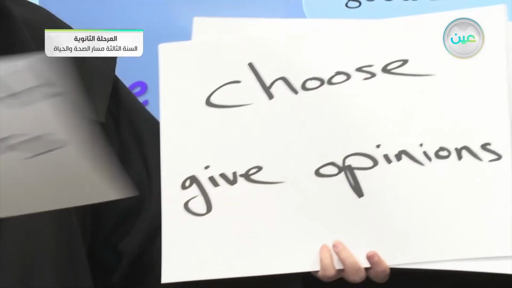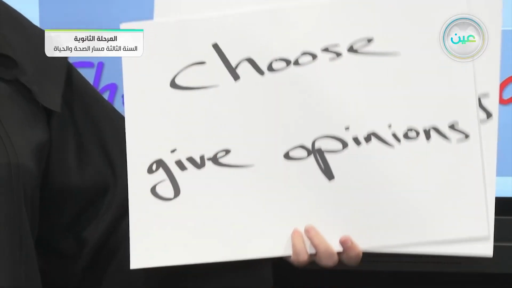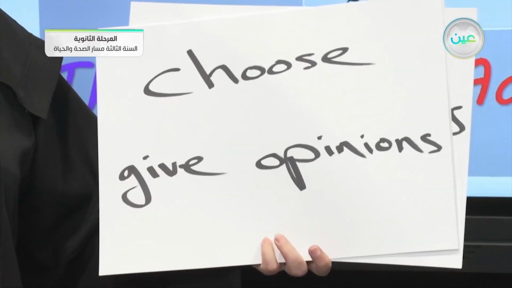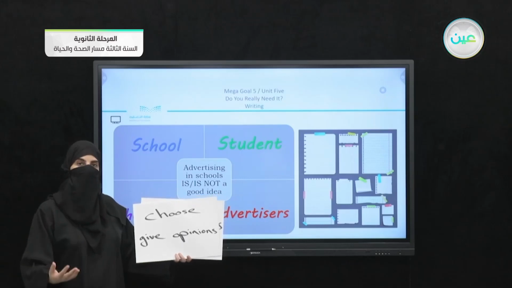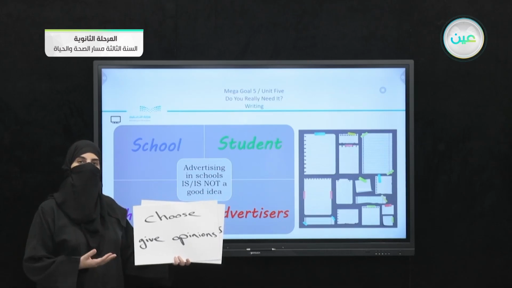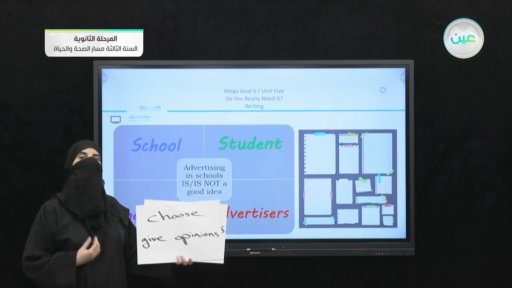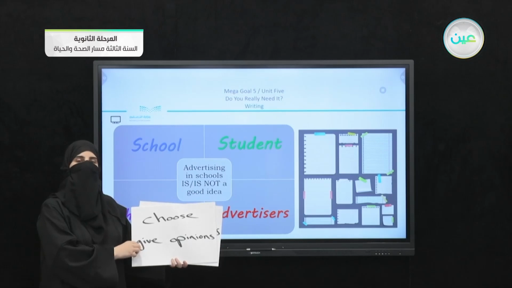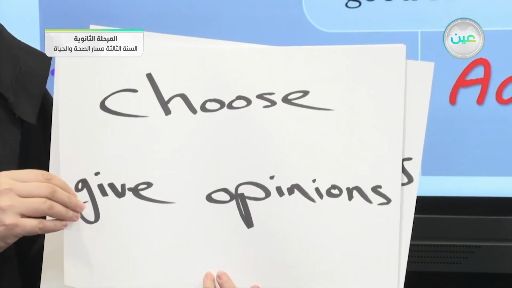Also, I can connect with giving and choosing. When they are advertised, the students will give their opinions about these advertisements, and at the same time they will be able to choose, which of course affects the advertisers.